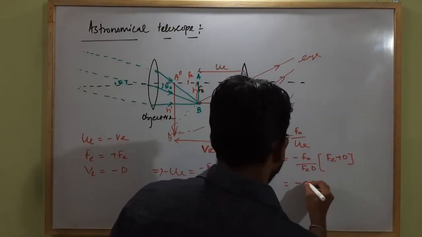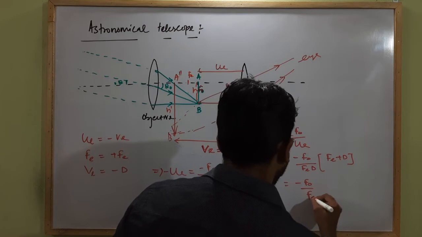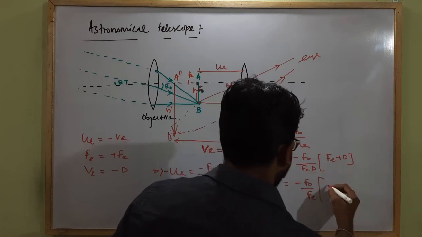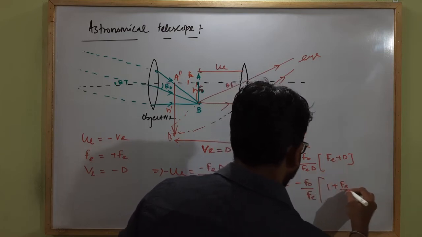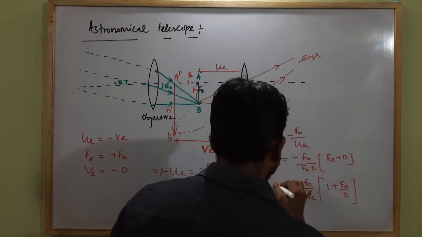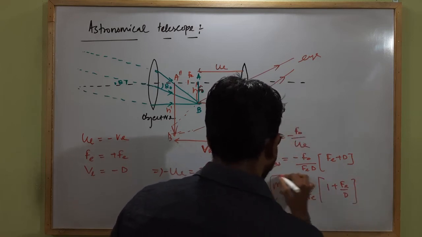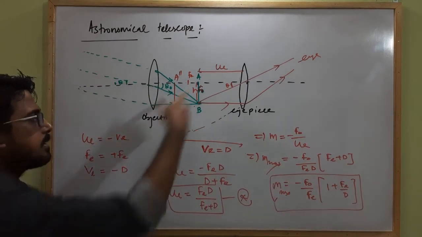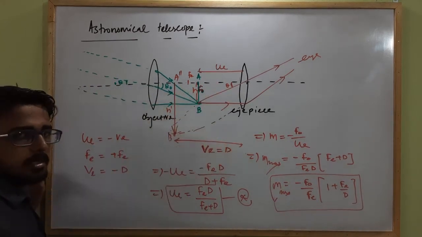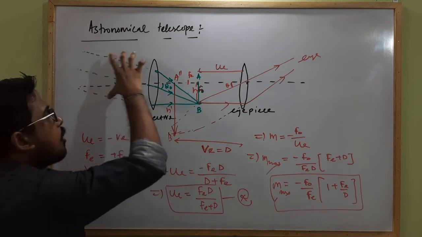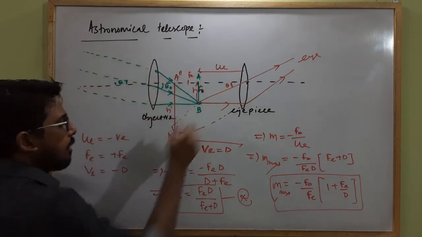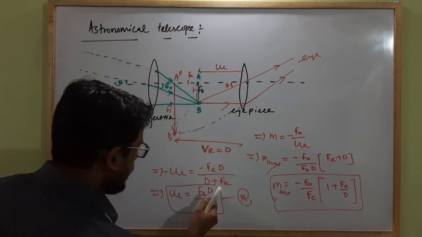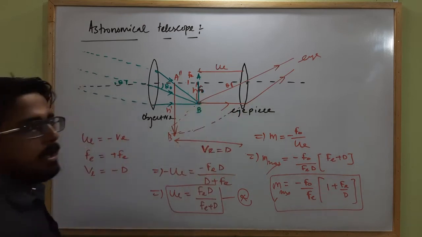So this can be written as minus f0 by FE. Taking d within the bracket, it will be 1 plus FE by d. So this is the expression for maximum magnification power for a telescope, when the final image is formed at the least distance of distinct vision and the image by the objective is formed at a distance FE into d by FE plus d from the eyepiece. Clear?